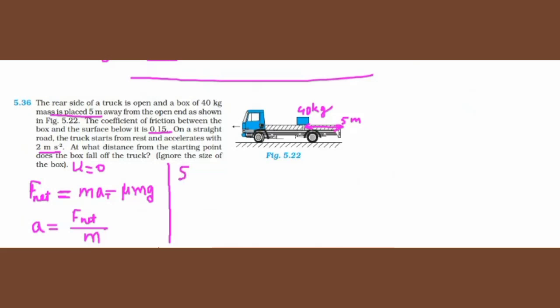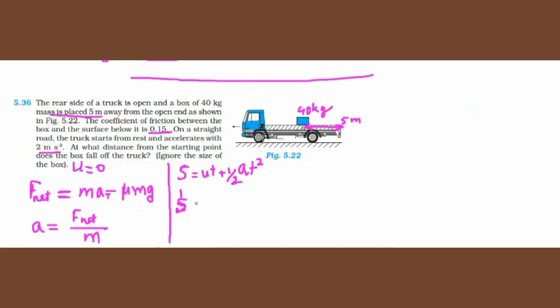Use the formula S is equal to ut plus half at square, where S is the distance traveled by the block to fall. So how much is it? S you have to take as 5, because the block has to move 5 meter to fall.